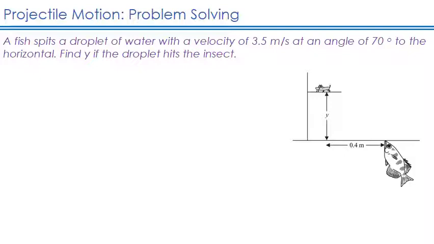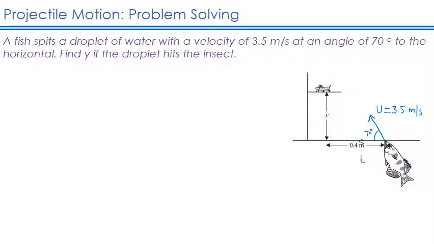In this example, you are asked to find this vertical distance y when a spit is done by a fish at an angle of 70 degrees with a velocity of 3.5 meters per second. So there is 70 degrees.